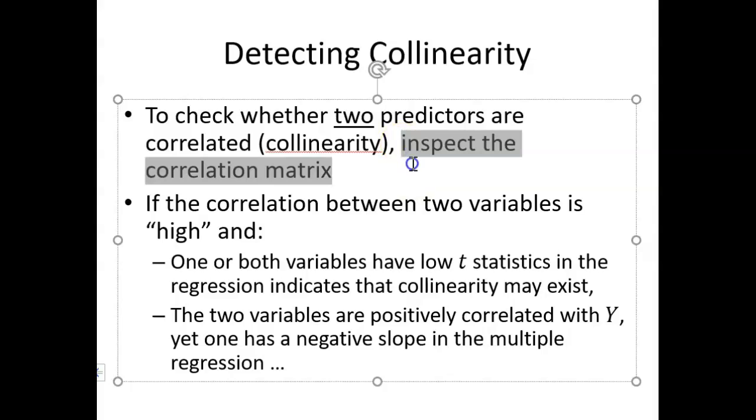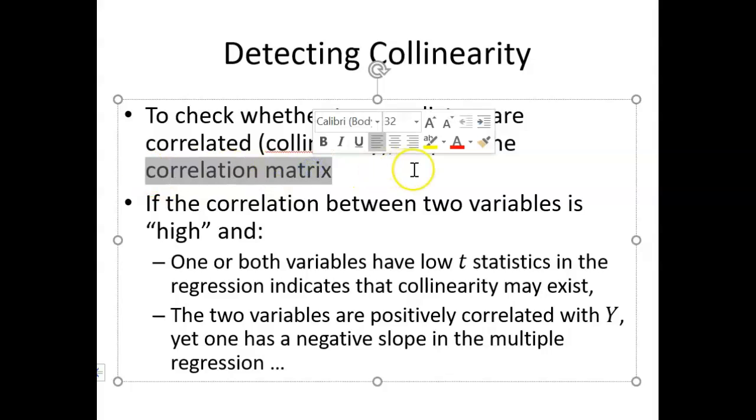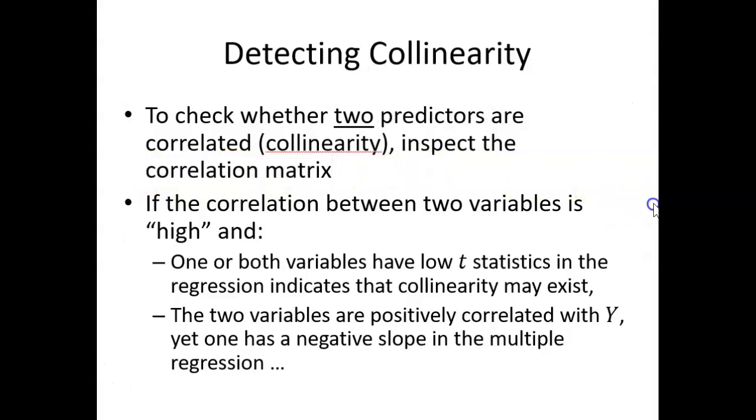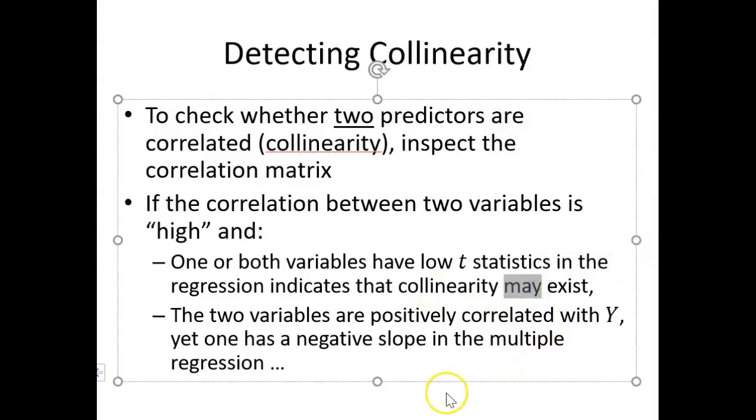What you do in that situation is estimate the correlation between those two variables, or between all of the variables, which is known as the correlation matrix. And if the correlation between those variables is high, and one or both of the variables have low t-statistics, then collinearity may exist.